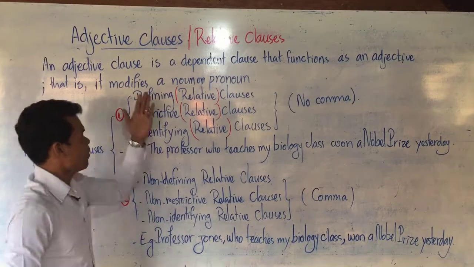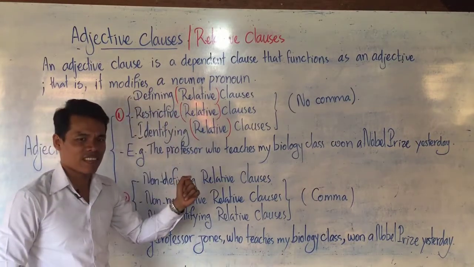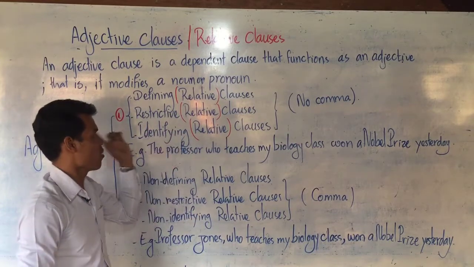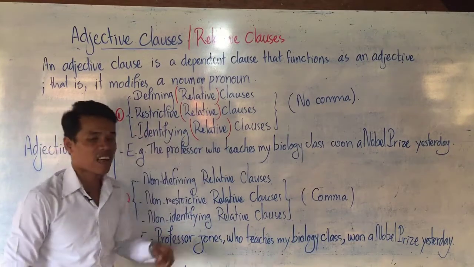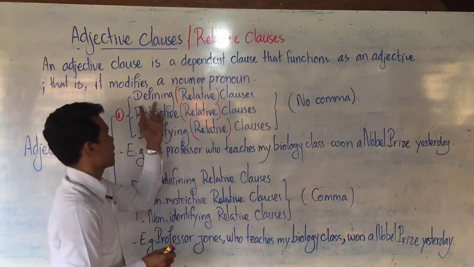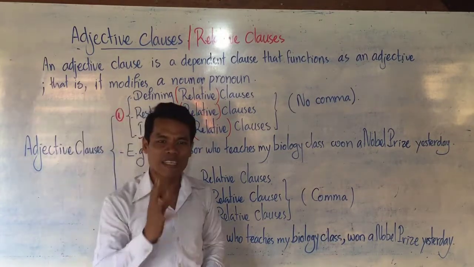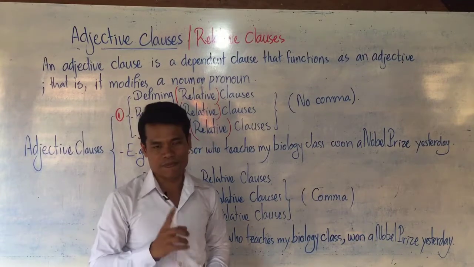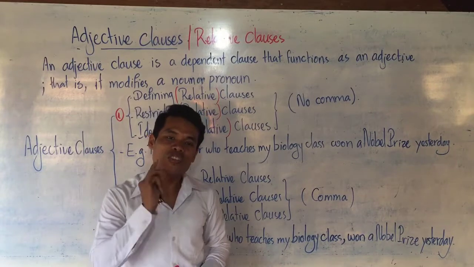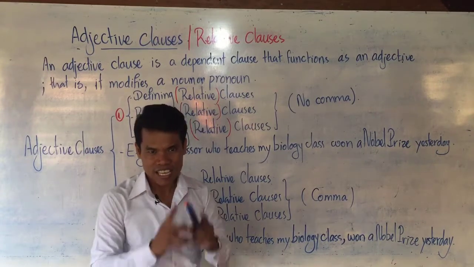Don't get confused. What is a defining relative clause, a restrictive relative clause, or an identifying clause? It's very easy. The definition: a defining relative clause gives extra information which is really essential to the meaning of the sentence.